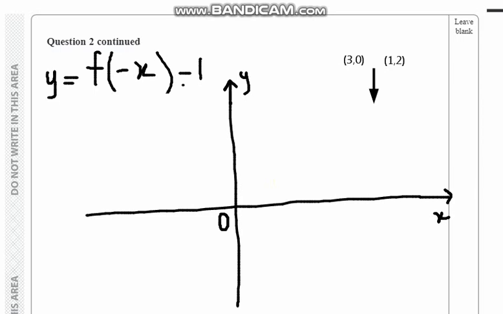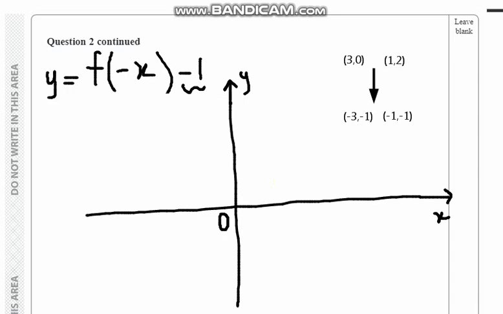This will be a vertical displacement, so the y values will move 1 unit down. So minus 1 will be 1 unit down. So our final coordinates will be (-3, -1), and for the second one (-1, -1).